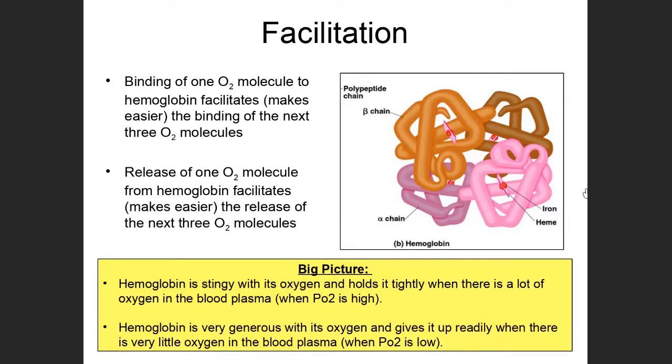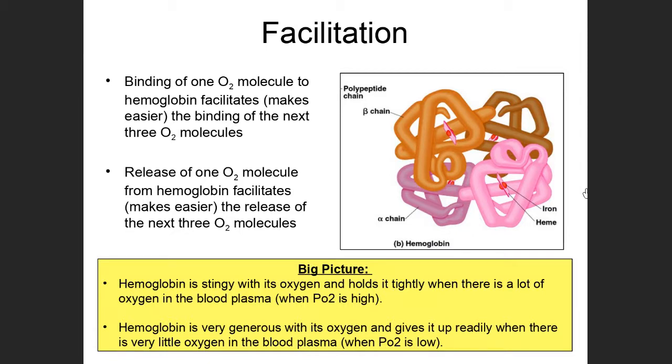This is what's known as facilitation. However, once it's bound a single oxygen molecule, it becomes easier to bind the second molecule, easier still to bind the third molecule, and very, very easy to bind that 4th oxygen molecule. The reason for this is each time it binds an oxygen molecule, it actually changes shape, which makes it easier to bind the next one, and easier to bind the next one, and easier to bind the next one.